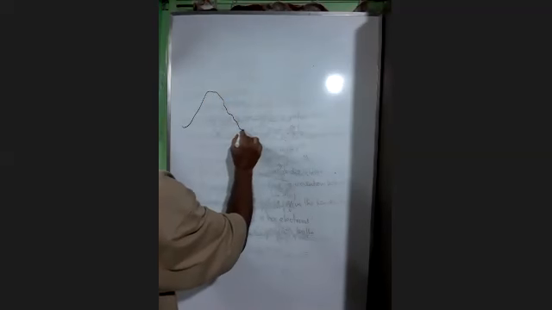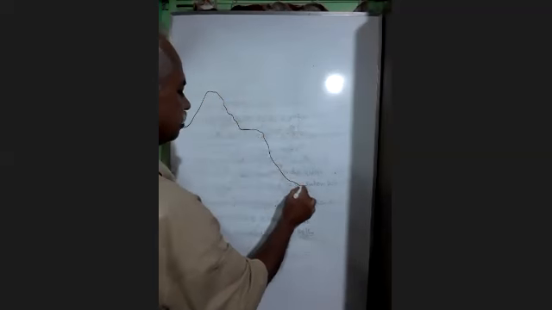Suppose you are doing a survey. You have gone to a hilly place, and the mountain is there, and after some time a deep gorge. So this is sea level.